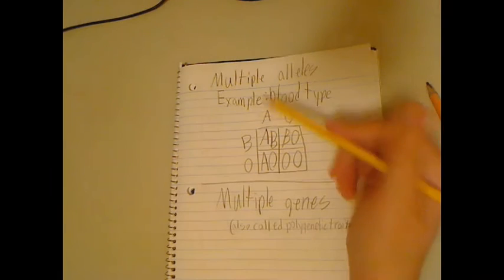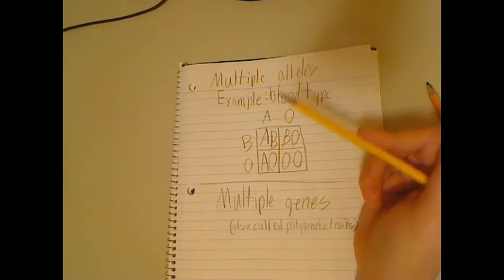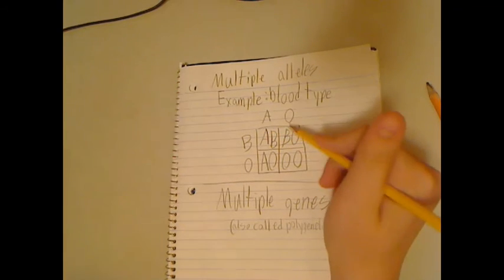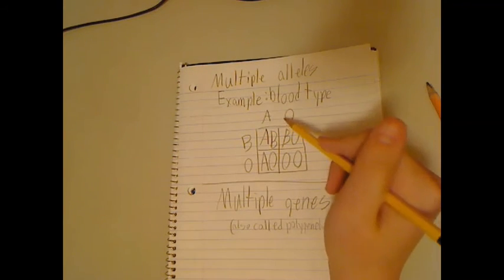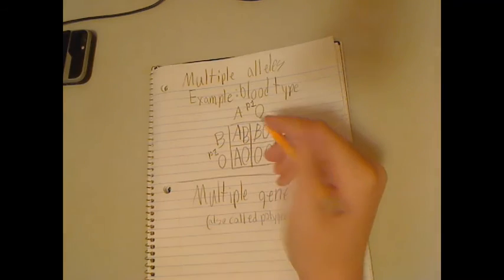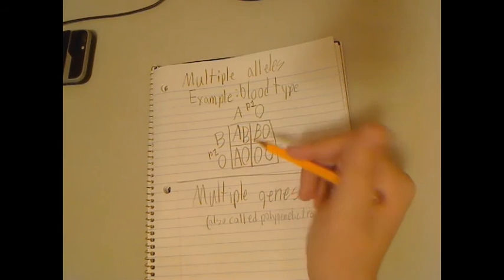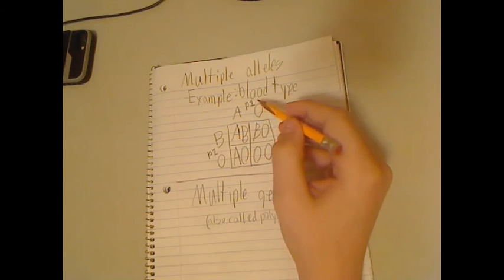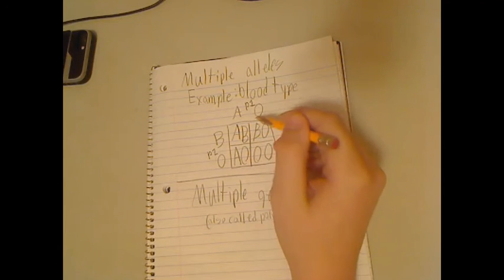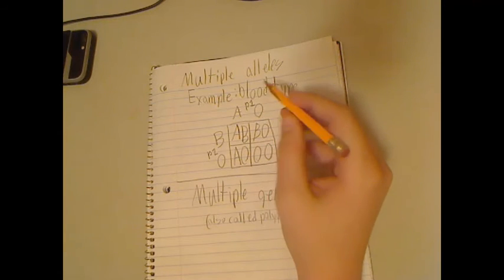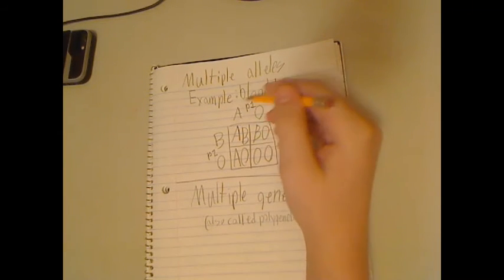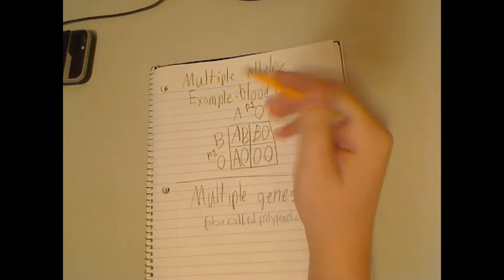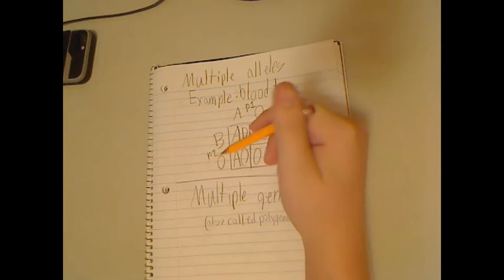You might have, for instance, blood type. You might have an A, or you might have a B, or you might have neither of those, and that would be an O. So what happens then is, let's say you have heterozygous A from parent 1 and heterozygous B from parent 2.